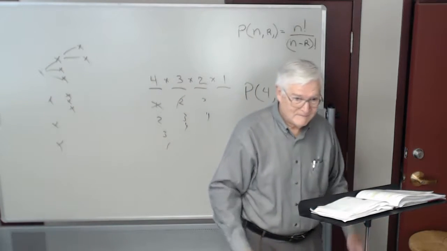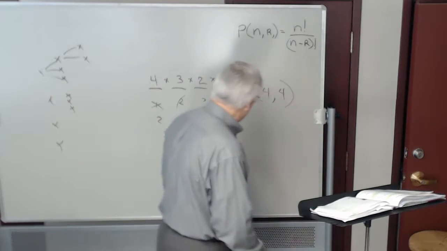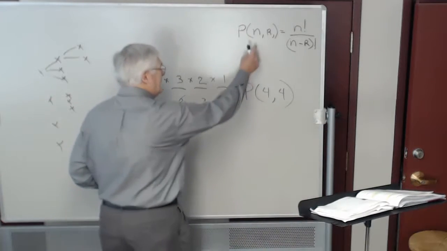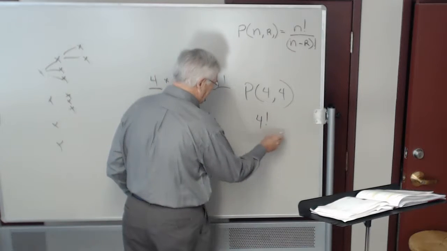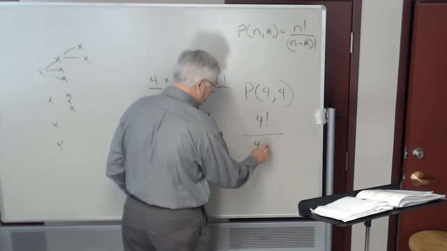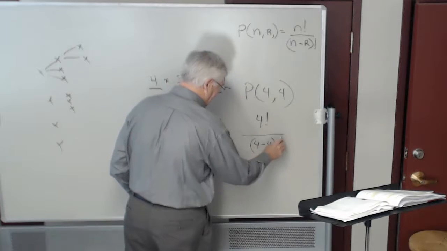You follow that? So what's this say? How do I find that? That would be 4 factorial divided by 4 minus 4 factorial.